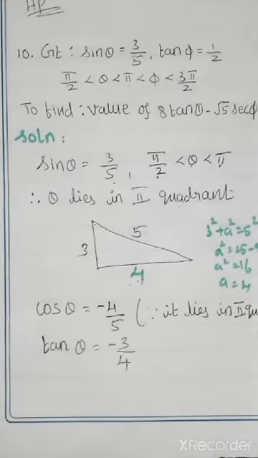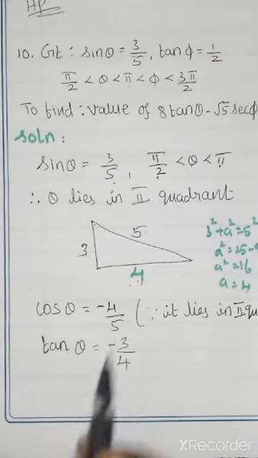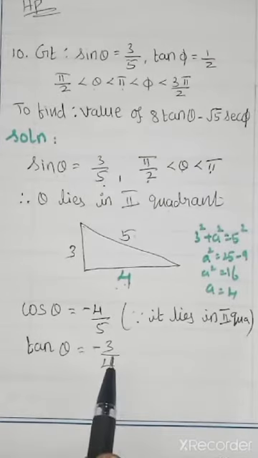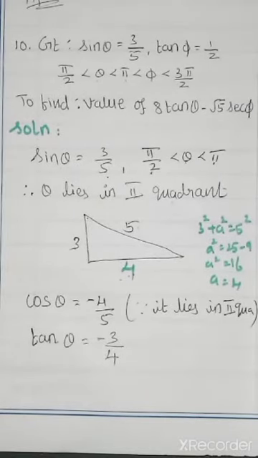Is that clear? cos θ is minus 4 by 5. Tan θ equal to minus 3 by 4.